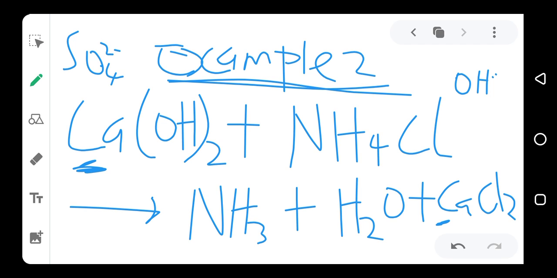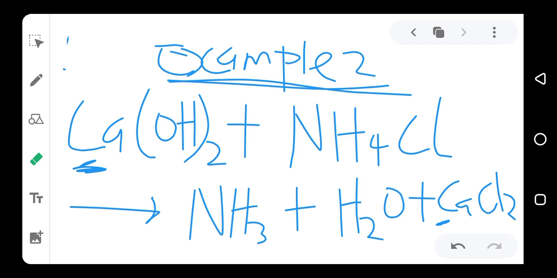They are called radicals. They always go together, so when we are writing them in a compound, we always put them in brackets to show that two of them go together. But still, in balancing the chemical equation, we make sure that the atoms in the radicals are balanced very well.